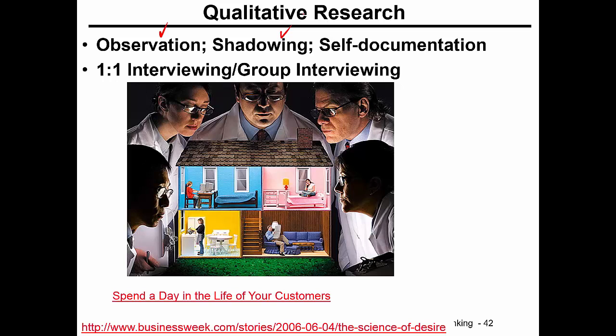And after observation, you may conduct interviews individually or as a group. Sometimes we use an approach called a day in the life of a customer to observe what they do and why they're doing certain things.